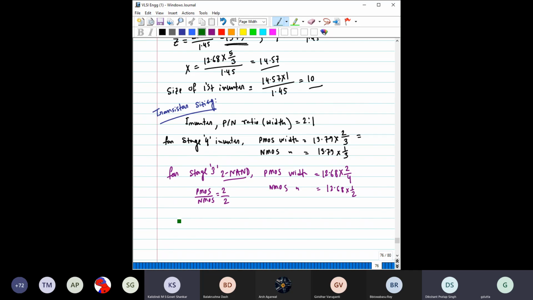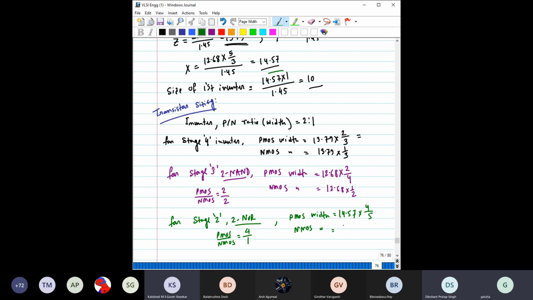Now here for stage 2, this is a 2 input NOR gate. For a NOR gate, what is the ratio of PMOS and NMOS? I think we have done it already. It is 4:1. So PMOS width would be equal to, this is the size, 14.57 into 4/5.